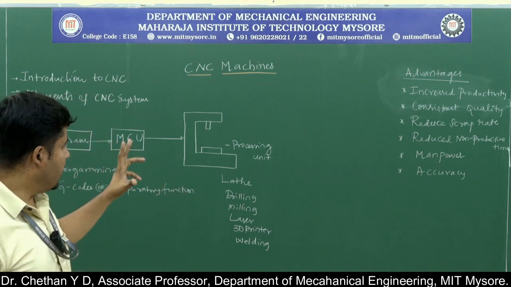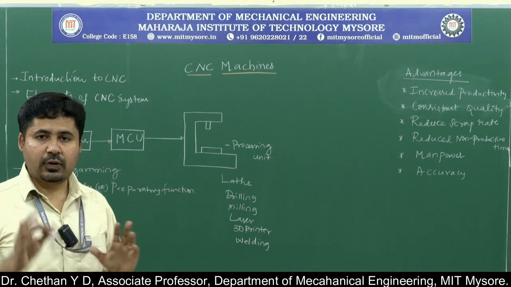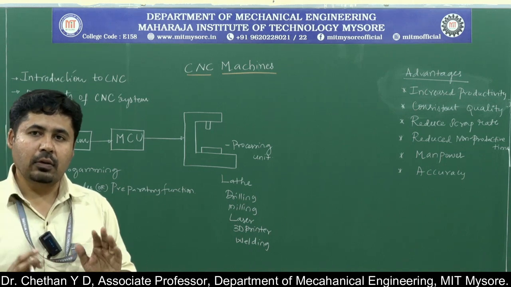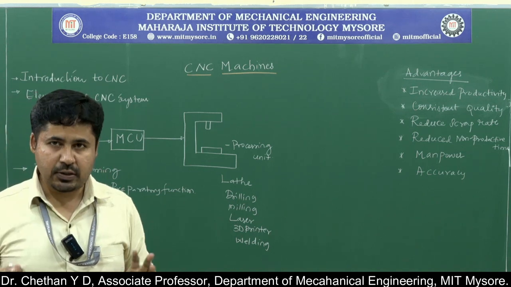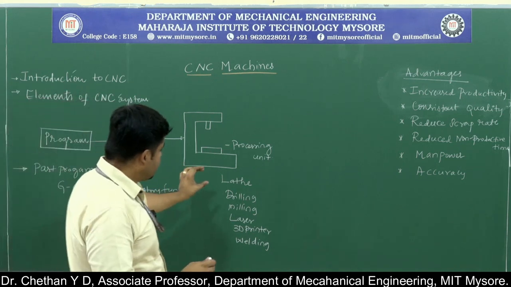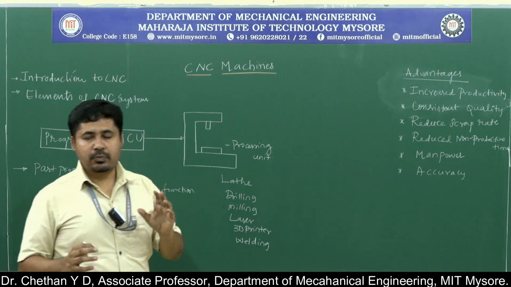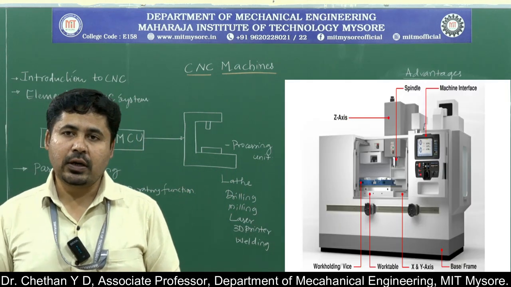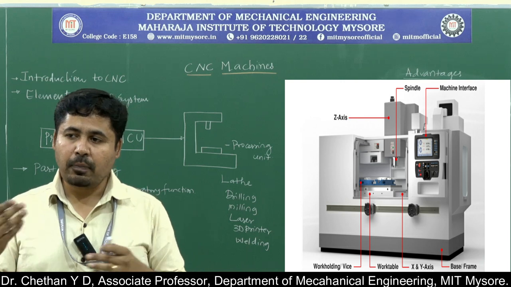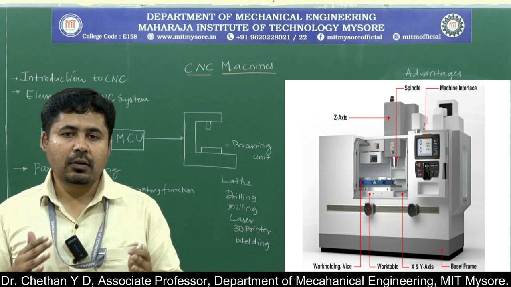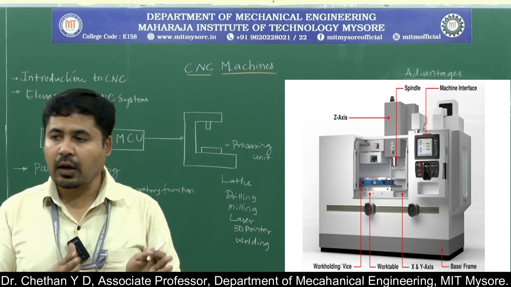Once again, I'll make it clear: CNC stands for computer numerical control, where you are controlling the machines and their operations with the help of programming. Okay, so let us take up the first one, the lathe. A lathe is basically a machine tool used in industry to accomplish different operations like turning, facing and thread cutting.